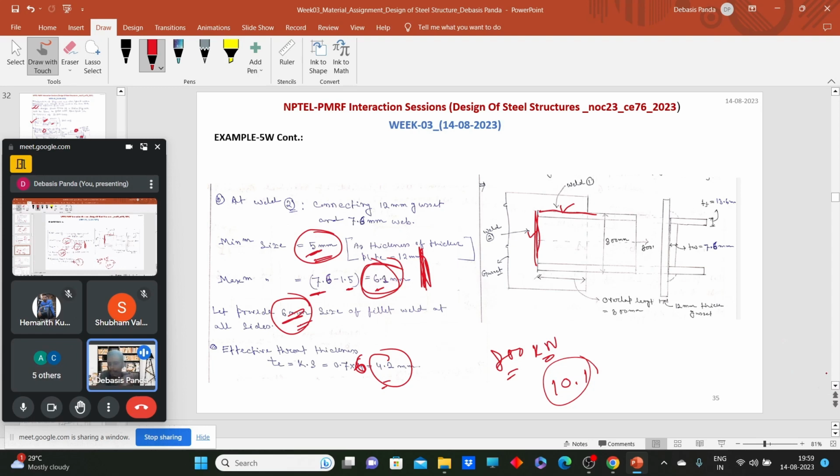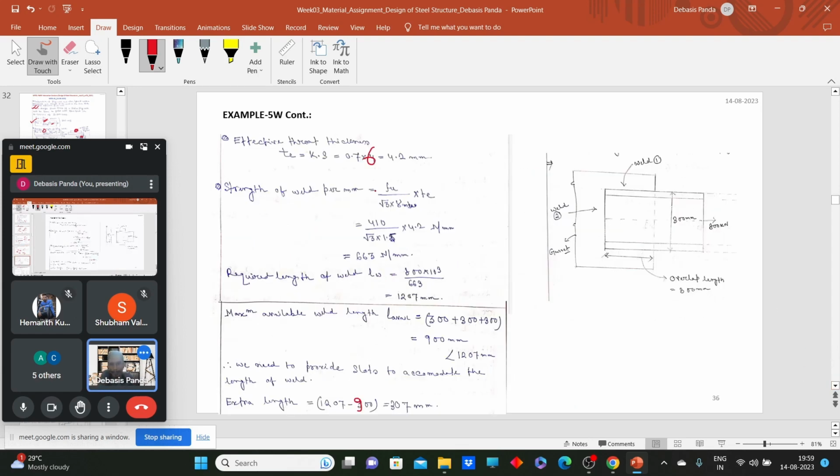So that's why I consider 6 mm, so that I can provide uniform thickness for this entire weld. So here the strength of weld per mm, what will happen? Fu into throat thickness, because now we will equate with the length divided by the factor of safety. So here comes 663 Newton per mm. Now what will be the required length?